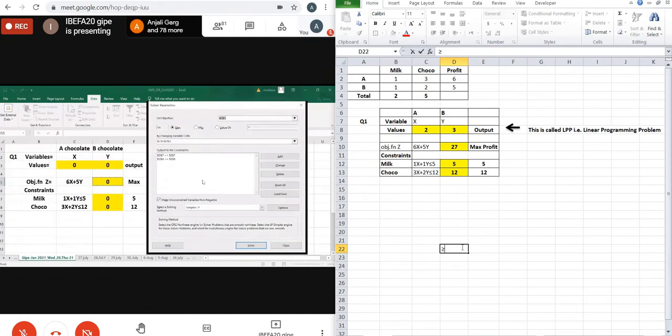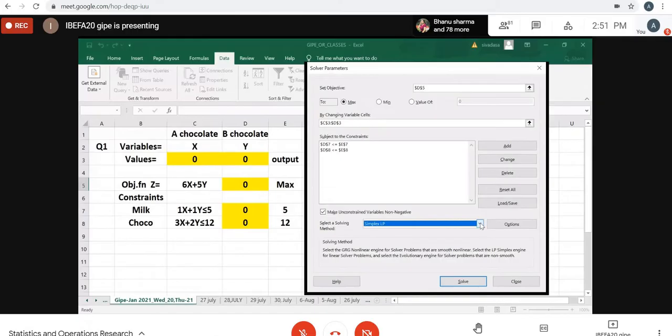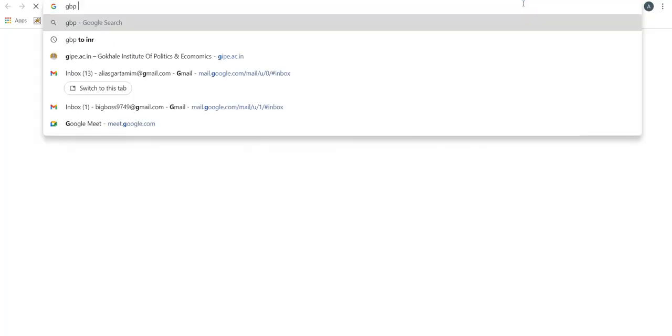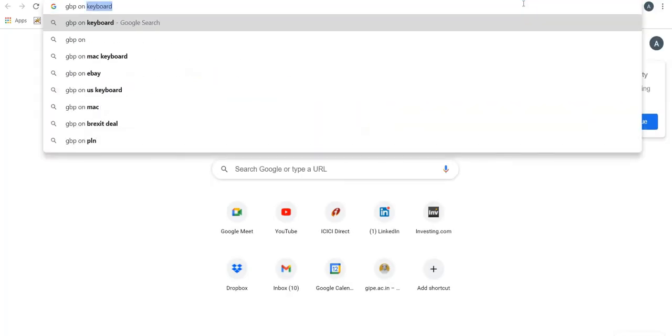So I have given this LPP in solver dialog box. Non-negativity constraints I have selected because my x and y should be greater than or equal to 0. And the method is simplex. Solve it.